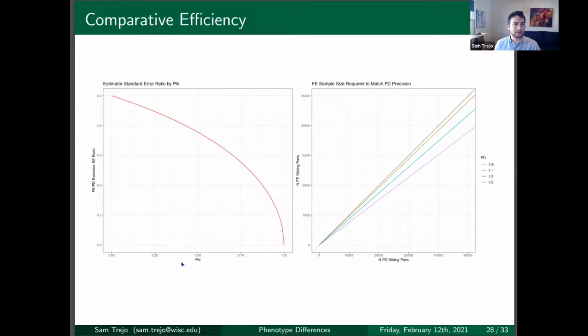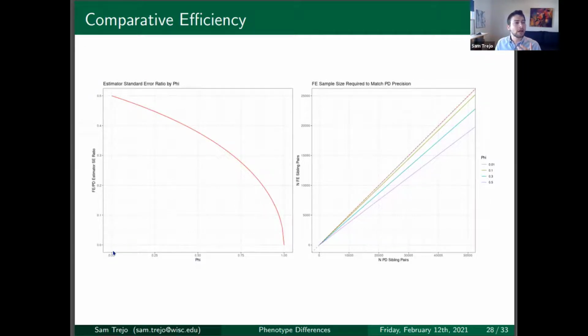On the x-axis, we have what we're calling phi. It's the r squared of the genetic effect within families. So this is different than the classic heritability, because we're only using within-family variation, and it depends on how large the within-family environment and the between-family environment are compared to the genetic effects.